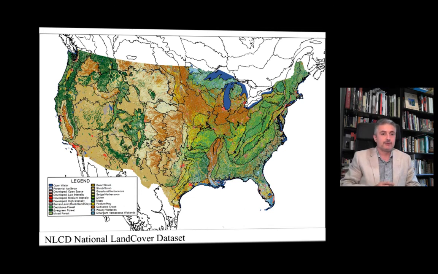This is an example of a US-wide map. It's a thematic map done by USGS, the National Land Cover Dataset. It's a satellite-based map where for each 30-meter pixel of the US, we have a vegetation class assigned. As you can imagine, I told you that this is a map with relatively low distortions at this scale.